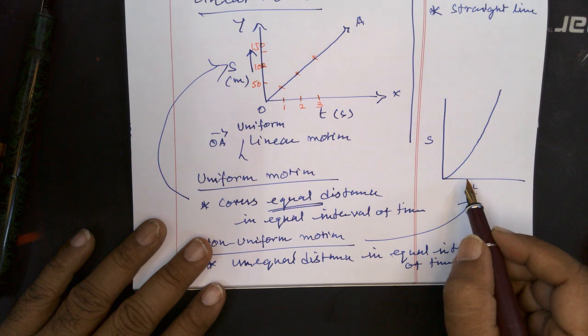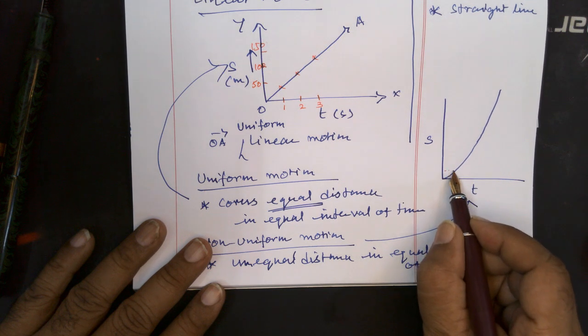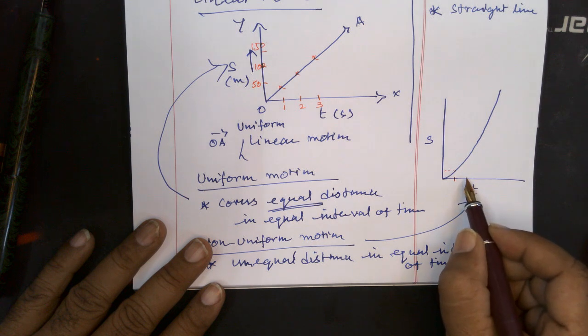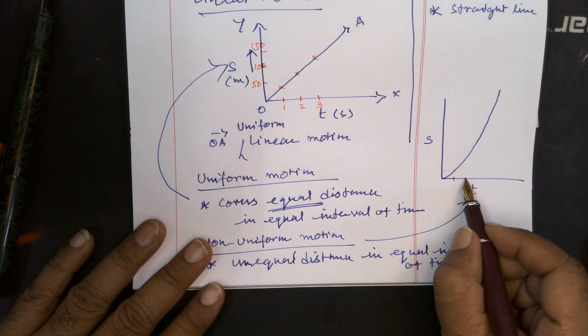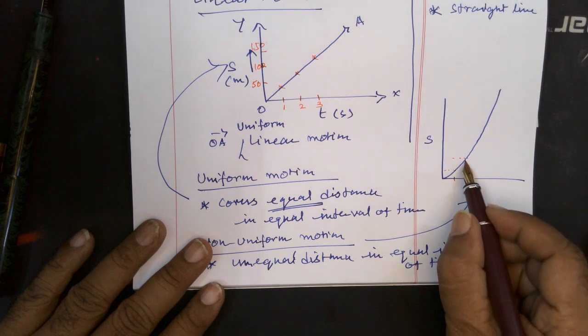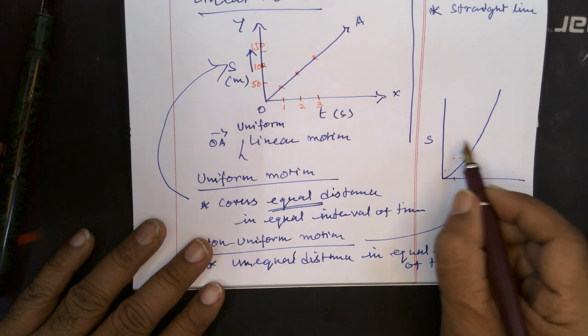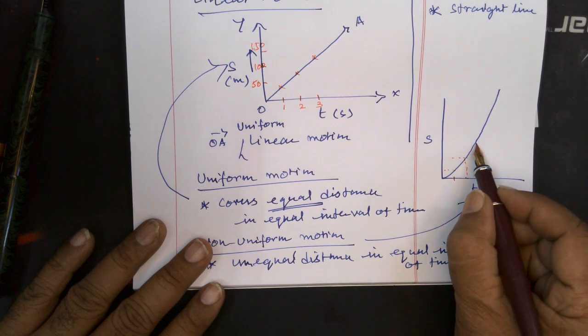Whereas in this case, for example, in 1 hour you should have traveled like this. In the next 1 second, in the next 2 seconds there is an increase. Okay, in next 1 hour, see, the value increases like this.